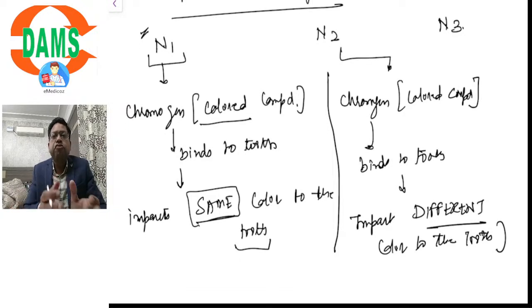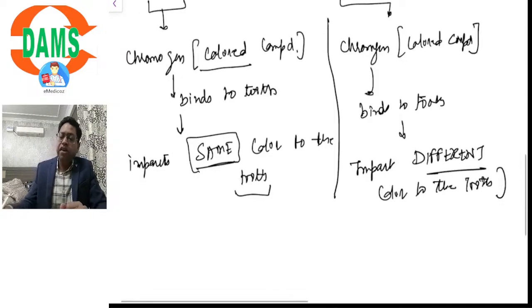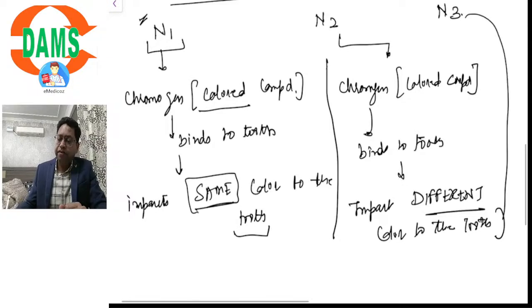Suppose the chromogen is brown in color, when it binds to the tooth, either chemically or physically, it would impart a color different from brown. So N2 stains mean the chromogen is binding but is giving a color which is not similar to the chromogen which is binding. And N3 stains, on the other hand.